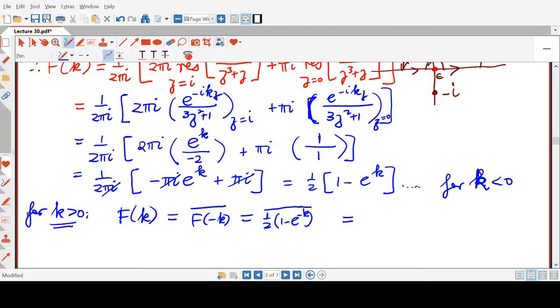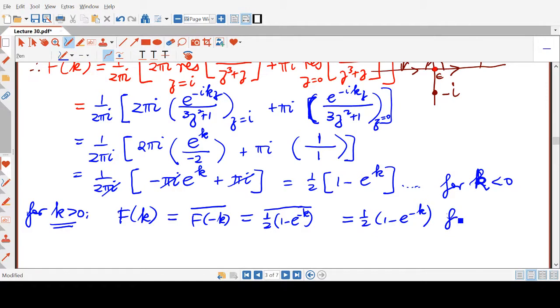You see, you are trying to conceal a guilty smile. You are thinking that. No, it remains the same because there's no i in the problem. This part didn't have an i. Sometimes it will have an i. The i is cancelled off. So it's a real number, and it remains as 1/2 times 1 minus e to the minus k.